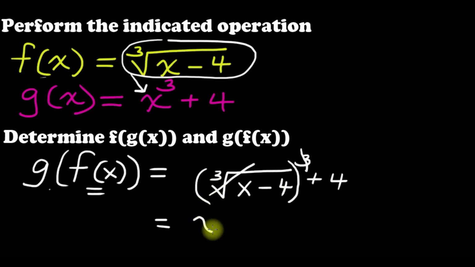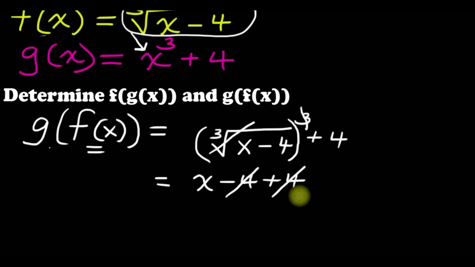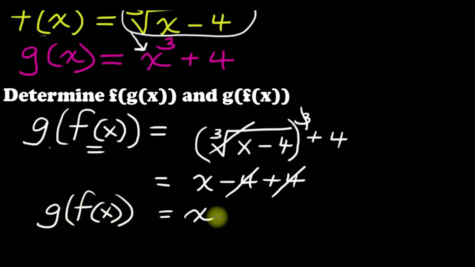So you're left with just x take away 4 and then plus 4. The negative 4 and the 4 add up to 0, so those are gone, and you're left with x. g of f of x is also x. All right, and that's how you evaluate composition functions.